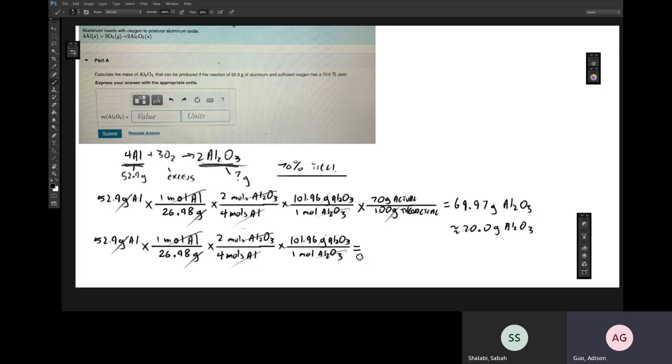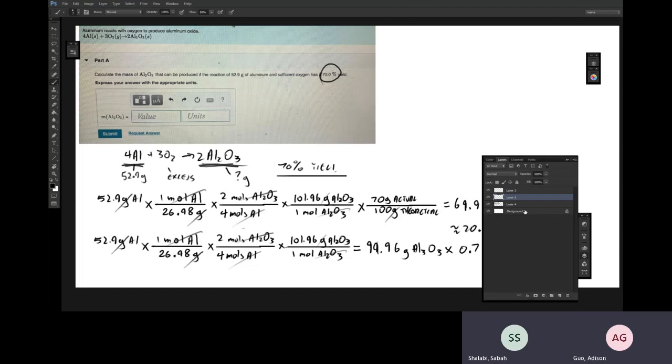So you could theoretically create 99.96 grams. But you only have 70% efficiency. So you lose 30% of this. So you would just multiply this by 0.7, and you will get the same answer.